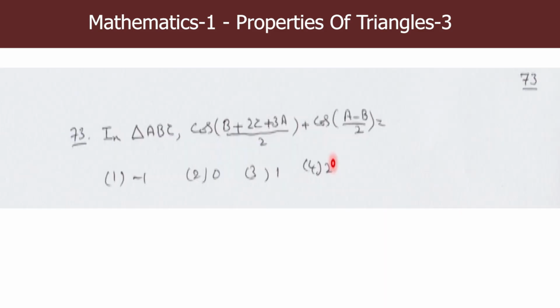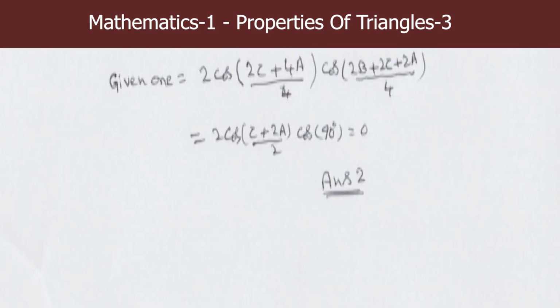73. In triangle ABC, cos (B + 2C + 3A)/2 plus cos (A − B)/2 is equal to: 1) −1, 2) 0, 3) 1, 4) 2. Now the given expression is equal to 2 cos (2C + 4A)/4 into cos (2B + 2C + 2A)/4. Why?